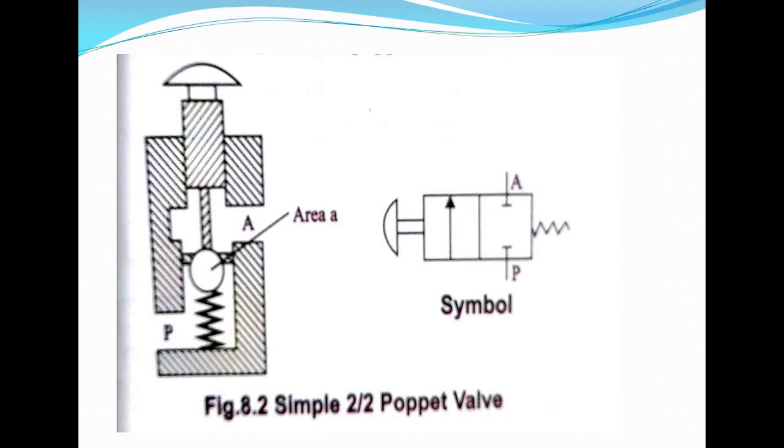This is the poppet which is fitted against the spring pressure. P and A are the two ports, and this is the push button which is provided here to operate the valve.